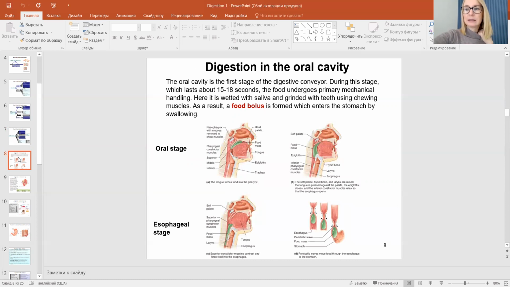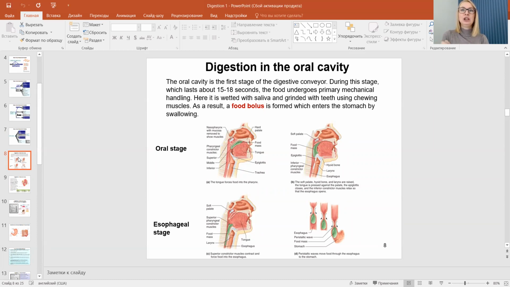So let's discuss the digestion in the oral cavity. Digestion in the mouth involves the hydrolysis of polysaccharides into disaccharides by amylase. No absorption of foodstuff occurs from the mouth. This is important: no absorption occurs in the oral cavity. Only digestion, only hydrolysis of polysaccharides into disaccharides with the help of amylase.